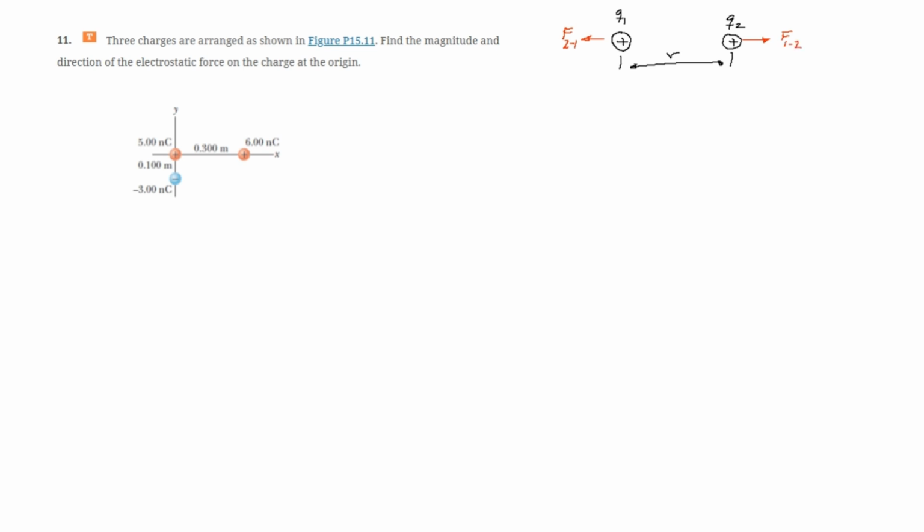And if we want to calculate the magnitude of force, because these two forces have the same magnitude, the magnitude of force is K, the Coulomb constant, times Q sub 1, Q sub 2 over the square of the distance. We can use the absolute values of Q sub 1 and Q sub 2. Like that, we don't worry about the signs of the charge in terms of finding the magnitude of the force.